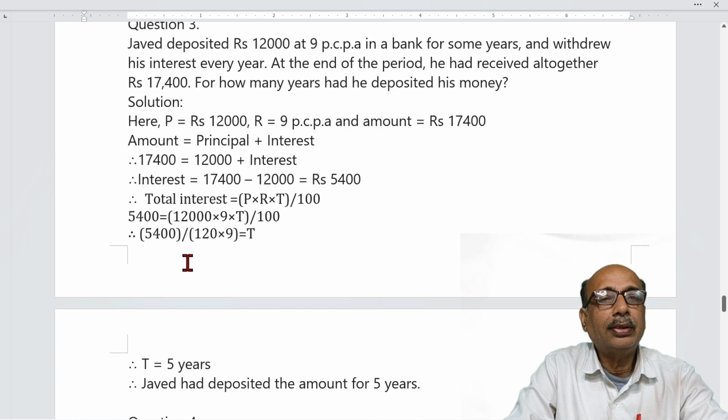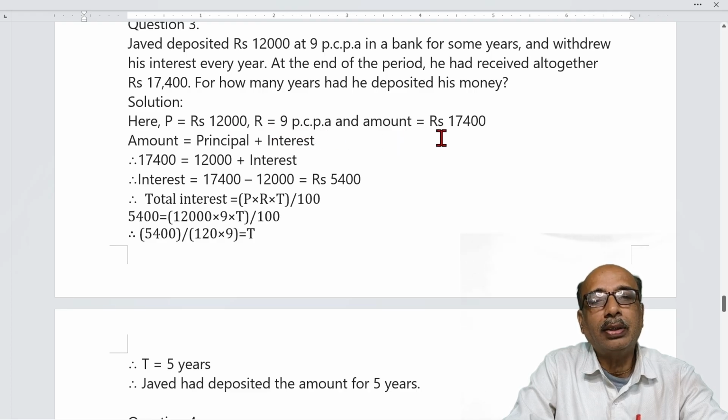Question 3. Javed deposited rupees 12,000 at 9% per annum in a bank for some years and withdrew his interest every year. At the end of the period, he had received altogether rupees 17,400. For how many years had he deposited his money? Principal is 12,000. Rate of interest is 9% per annum.